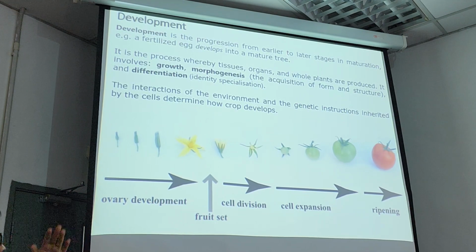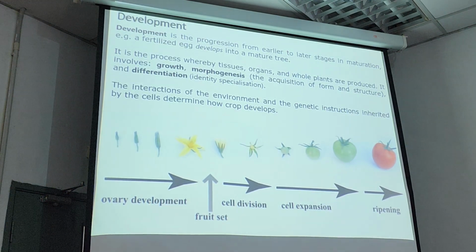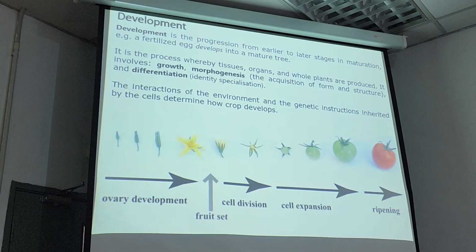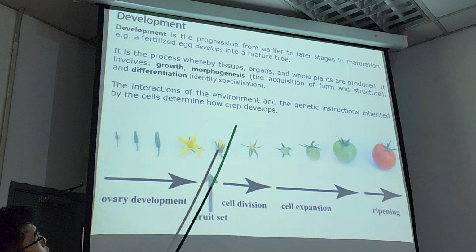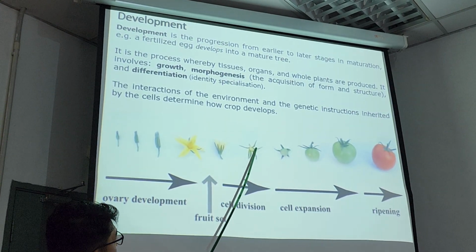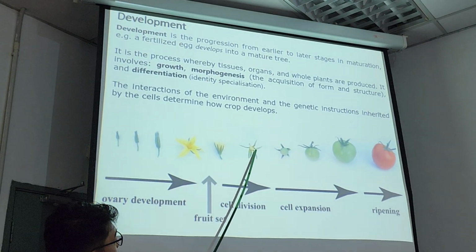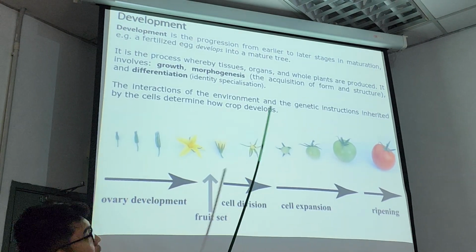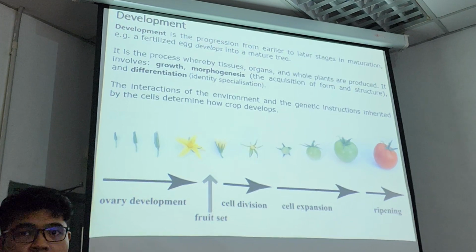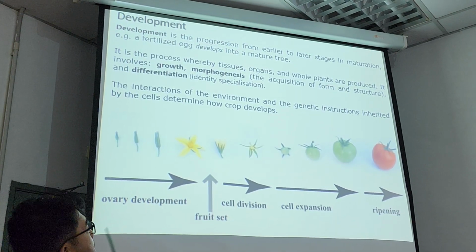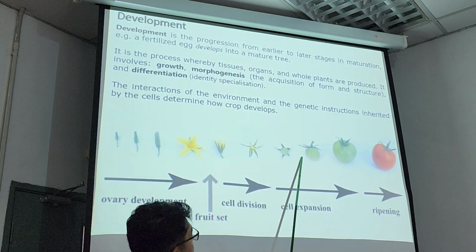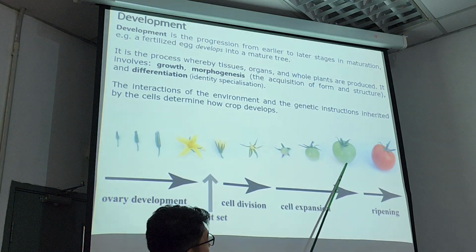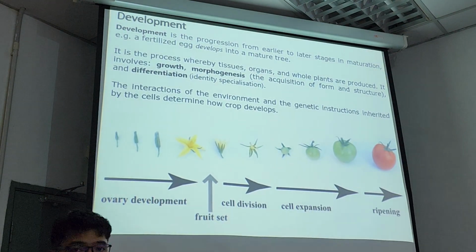Develop into what? Here's the picture. It will start to develop into the fruit bud, like in here, and then the fruit will start to enlarge by the action of cell division and enlargement, and then it gets bigger and bigger until you get this green tomato, and then finally ripening.